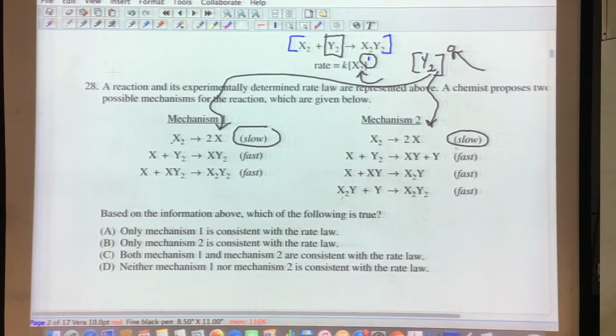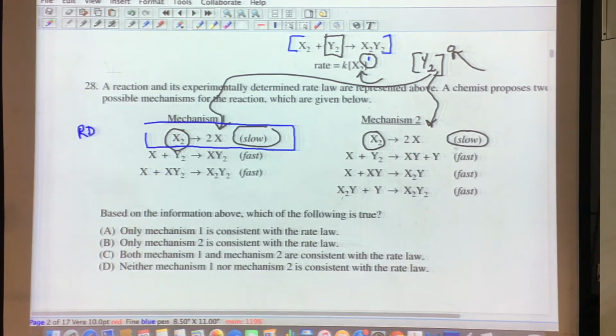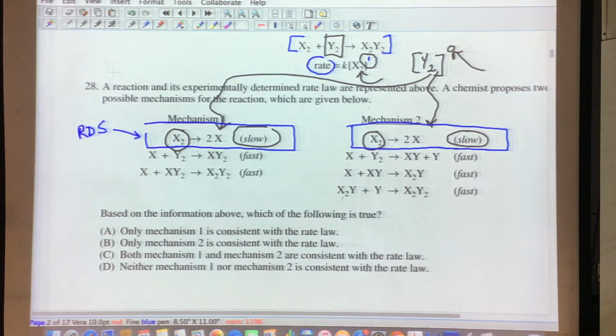So the slowest step just has the x squared. And because this is called an elementary step in a mechanism, the step that is called the rate determining step is the slowest step, and that is an elementary step. We get our rate law directly from the slowest step.